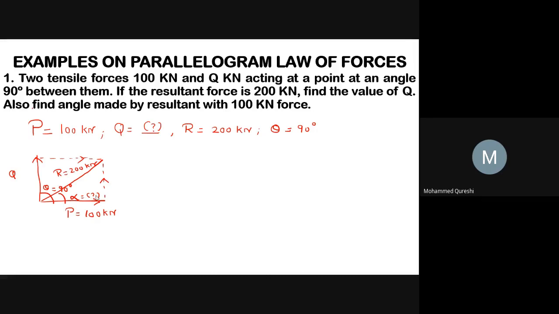So the value of P is given already, and the value of capital R is also given. We have to find the value of Q. So now, first of all, we will use the above equation for finding the resultant force, that is capital R equals under root of P square plus Q square plus 2PQ cos theta.